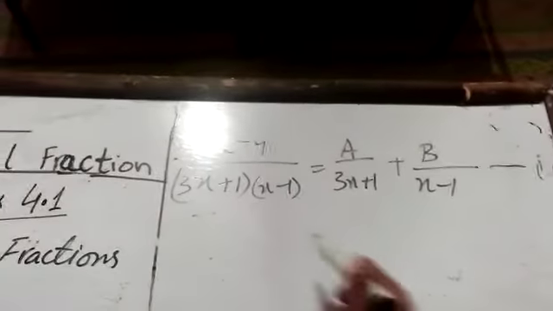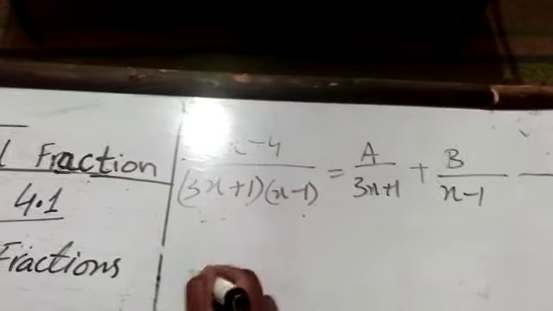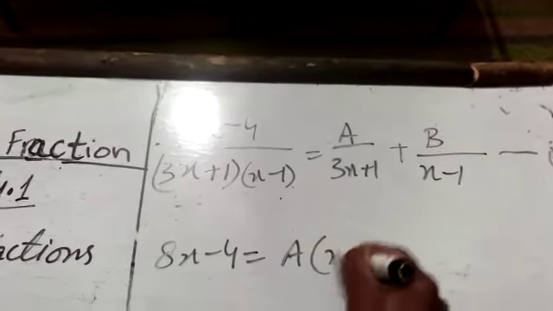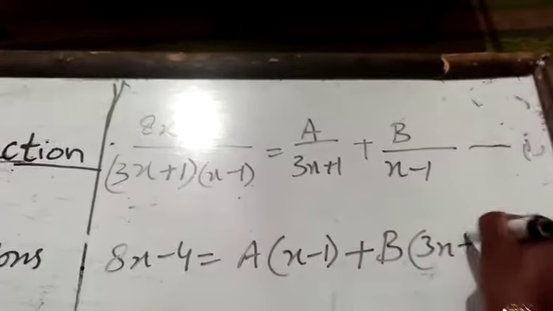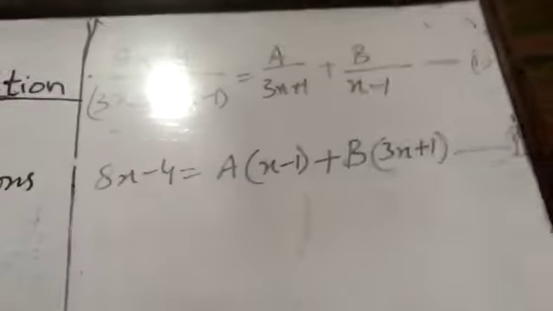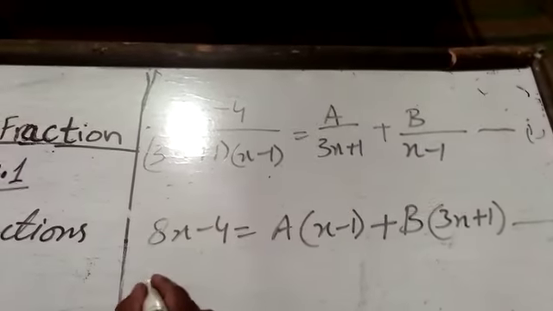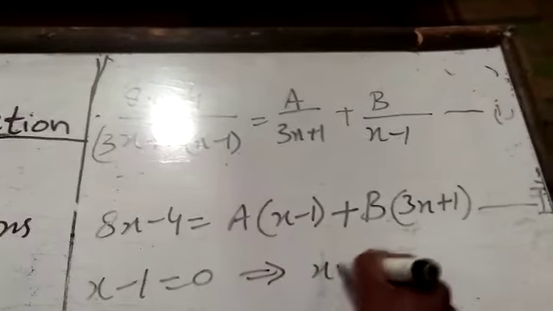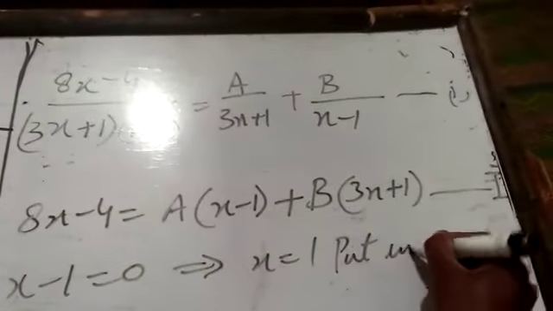Multiply this equation by its LCM, which is 3x plus 1 into x minus 1. We get 8x minus 4 equals a into x minus 1 plus b into 3x plus 1. This is an identity. Now we will apply the zeros method and put x minus 1 equals 0 and get x equals 1. Put this value of x in the identity.